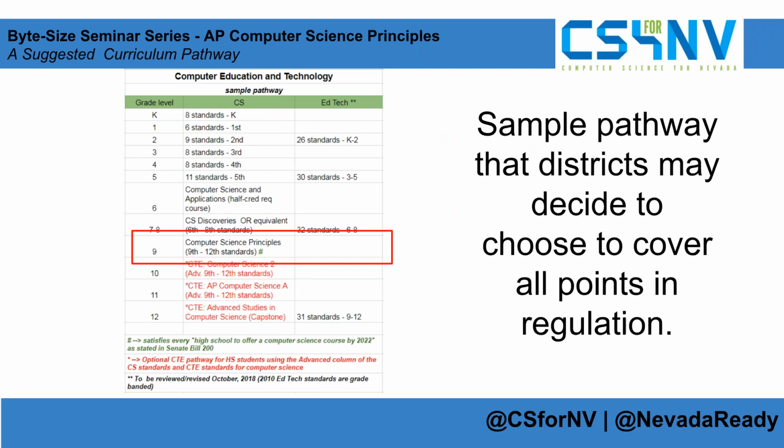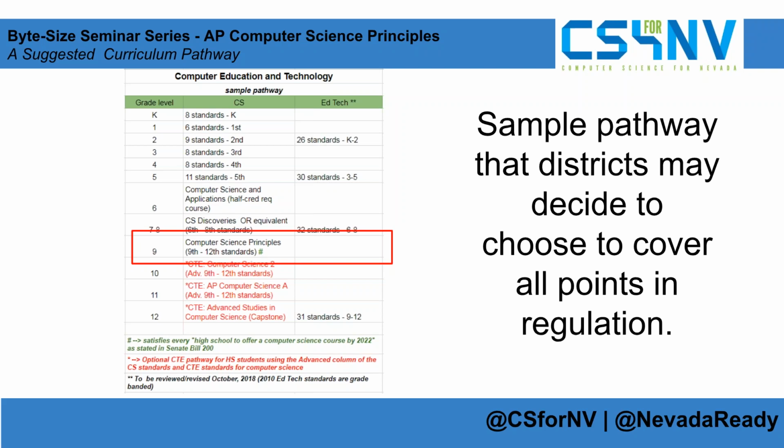Okay, so a sample pathway that districts might choose to cover all the points that were put in regulation, that being the K-12 computer science standards and the technology standards. So you can see where computer science principles fits into the mix there in some districts.